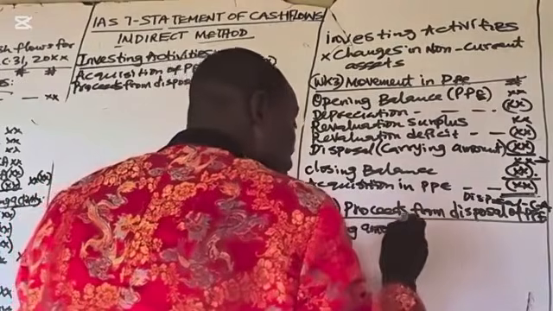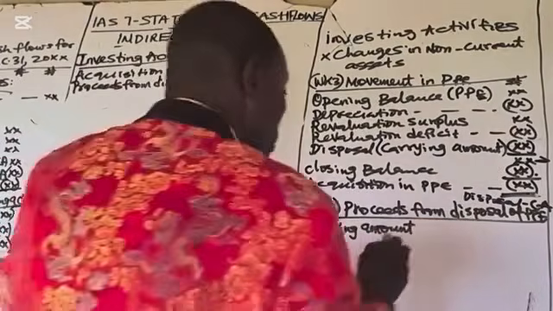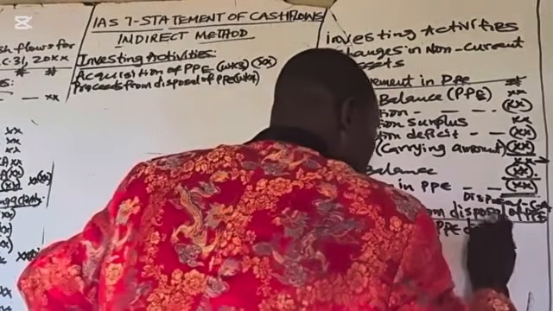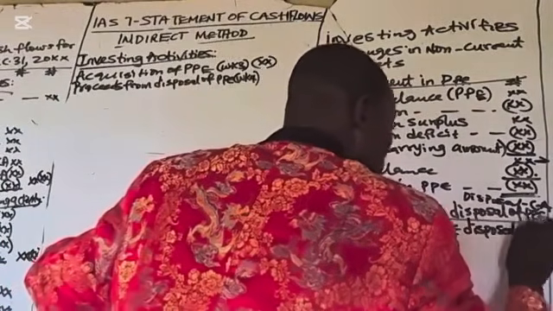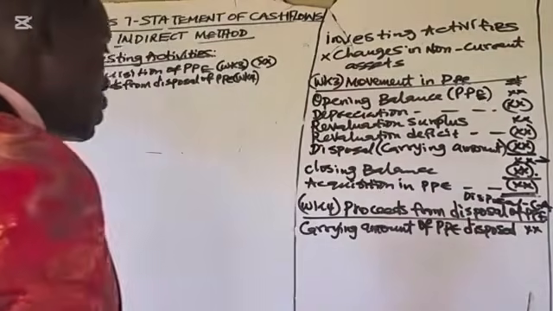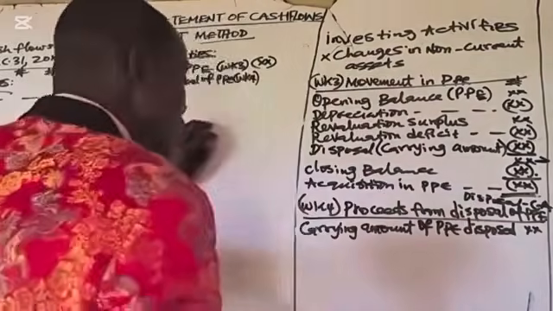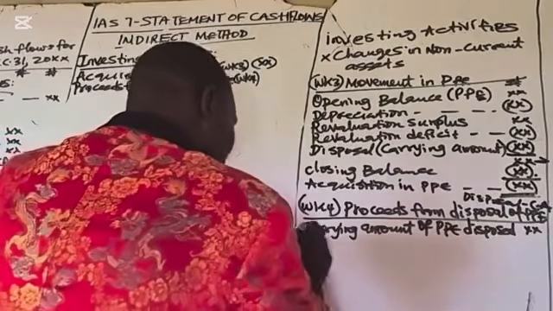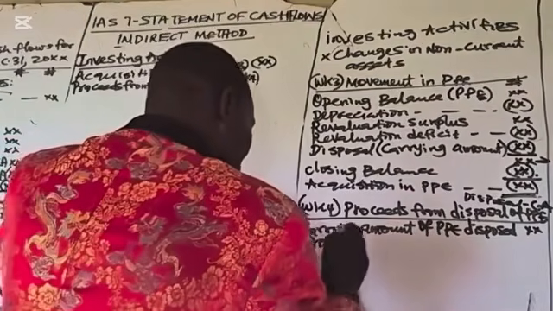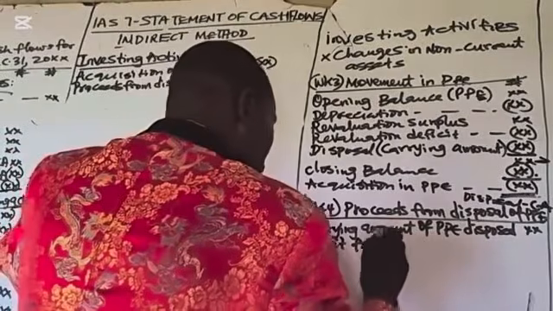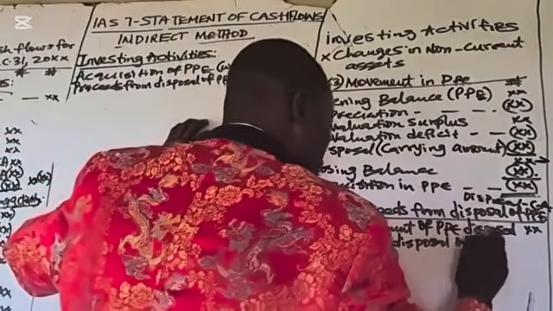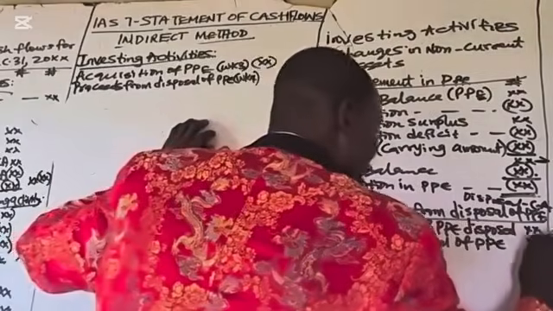Remember, carrying amount is cost less accumulated depreciation. Carrying amount of PPE disposed. Then if the PPE is sold at a profit, the profit from disposal of PPE will be added.